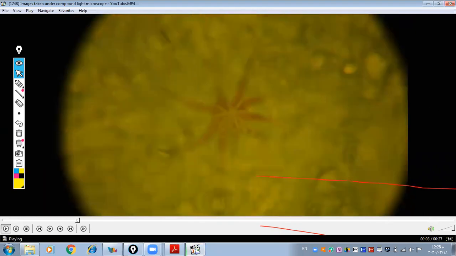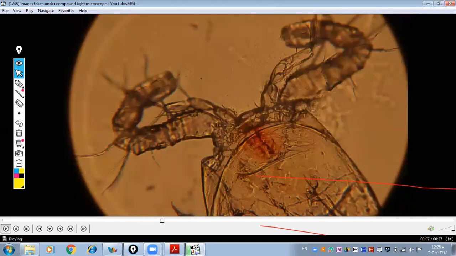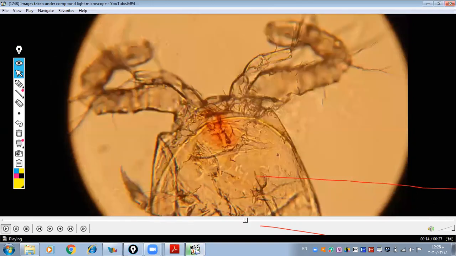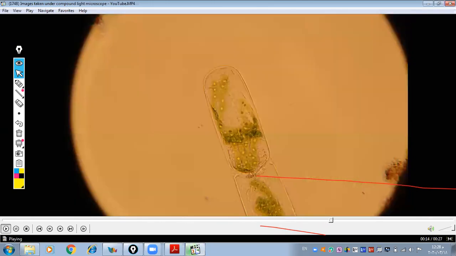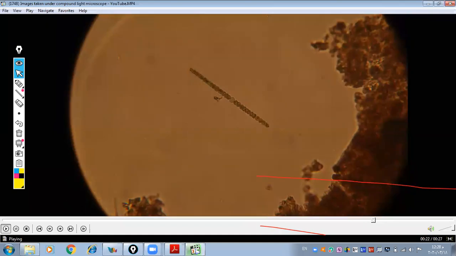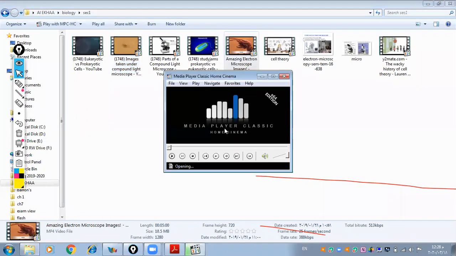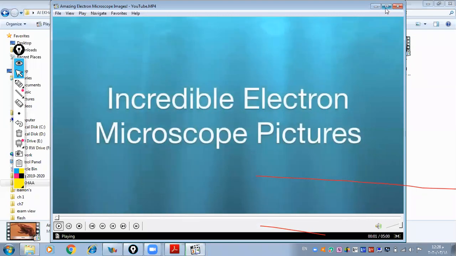These images were taken by a compound light microscope. You can see the cell, but the organelles inside are not clear. But if we look at different images taken by the electron microscope, you can see now the difference.